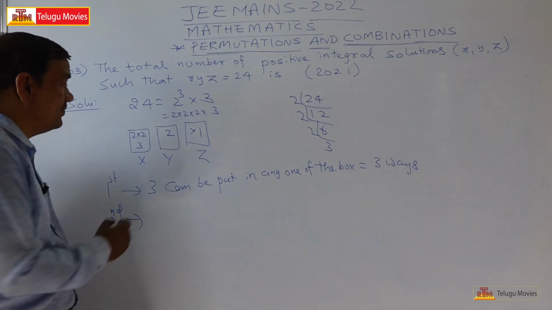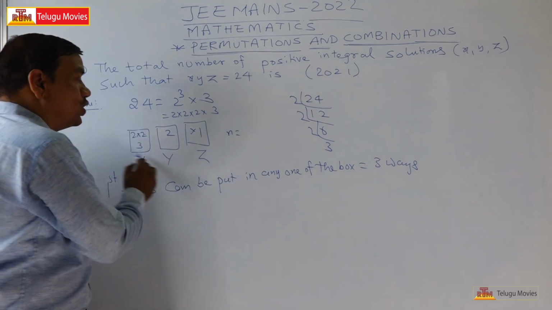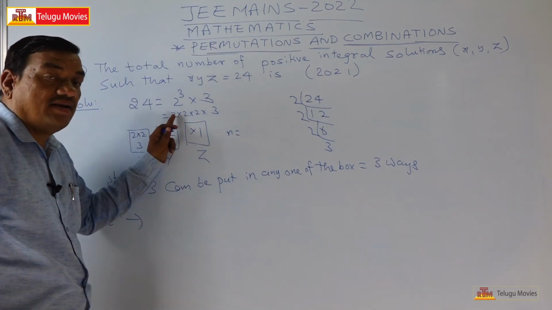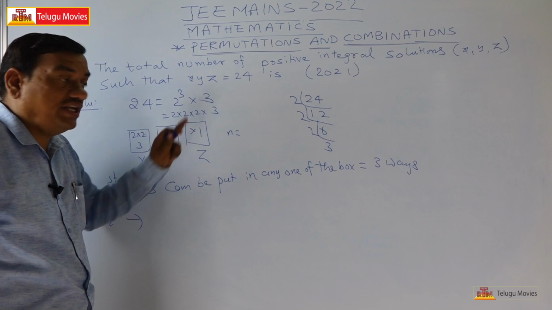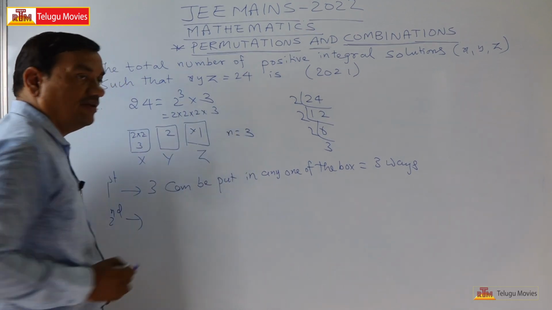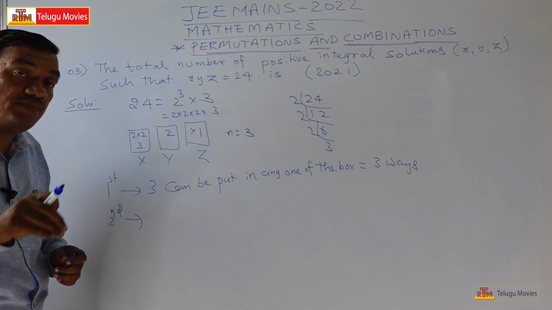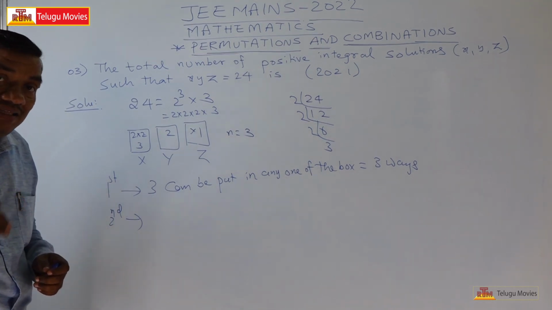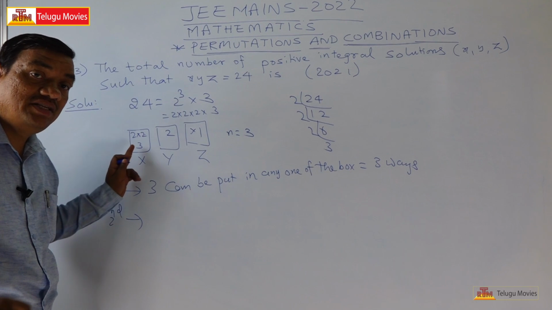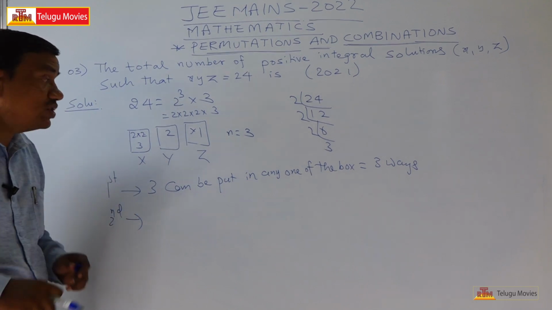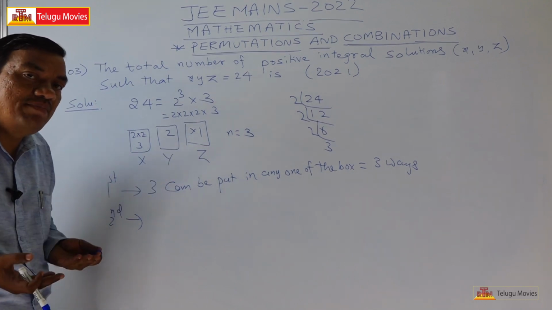So it is not the previous formula. So here in this problem, n is equal to how many? Total how many numbers are there? 1, 2, 3. n is equal to 3. In how many boxes do you have to put? 3 boxes, so that if any one of the boxes is empty, nothing is wrong.